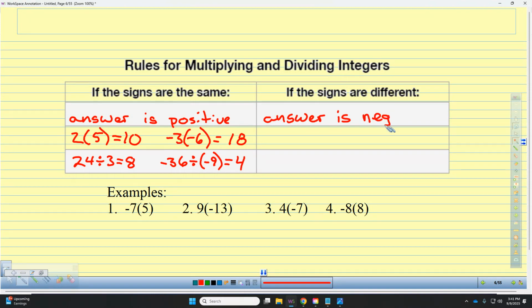So if they're different signs, our answer is negative. So examples here could be negative 3 times 2. That would be a negative 6. And if we have a positive in front, 5 times a negative 6, that would be a negative 30.